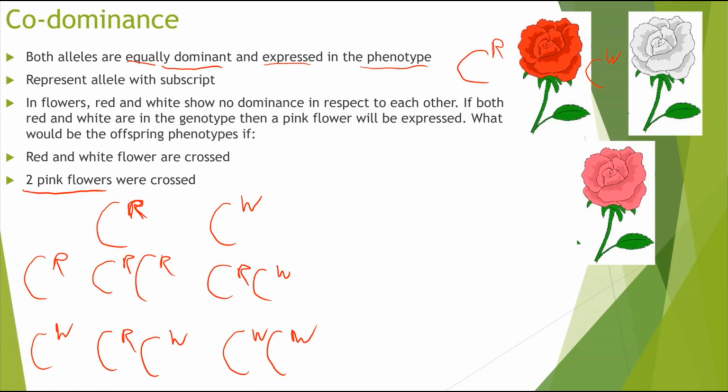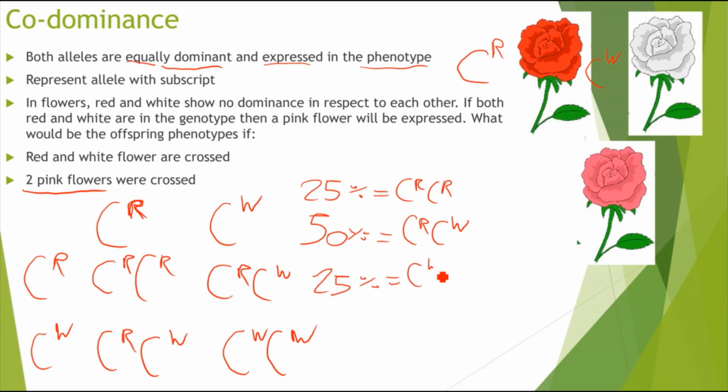So in this case, I know that I have 25% CR, CR, and 50% CR, CW, as there's two of them, and then for my CW, CW I would have 25% again.